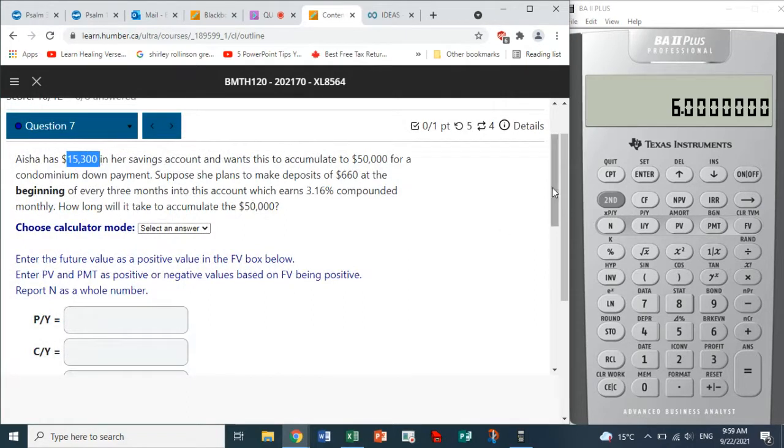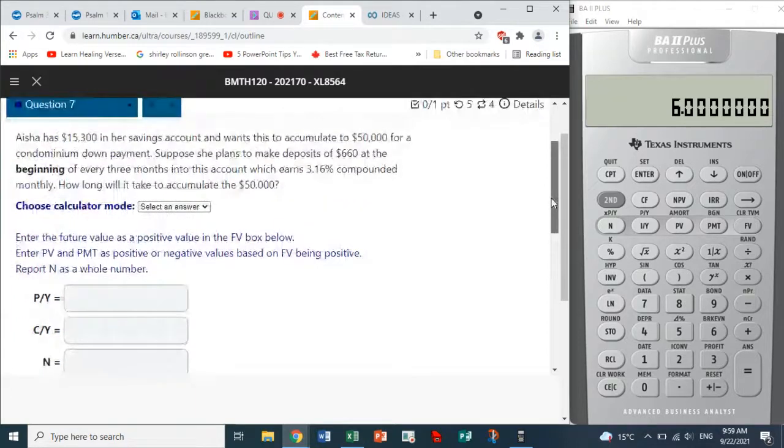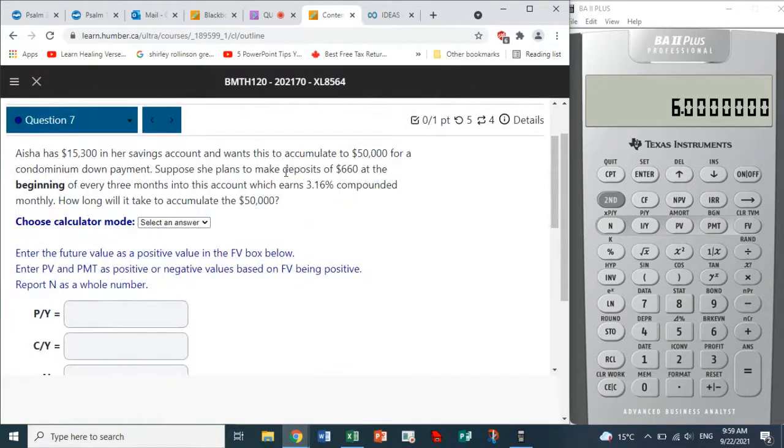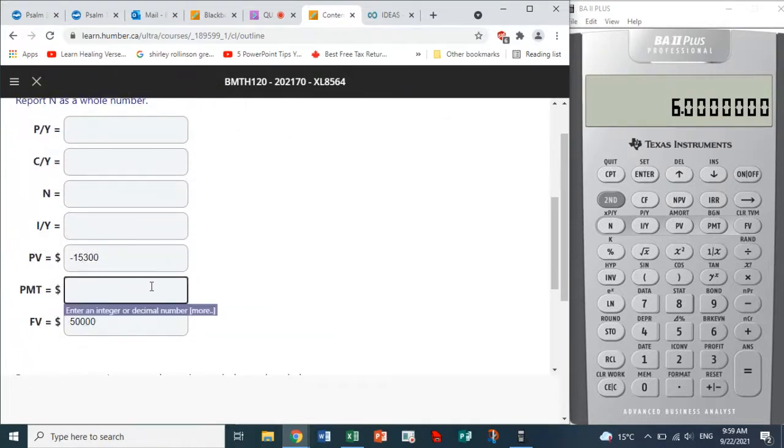All right, so she has $15,300 in her savings account. So that would be a present value. Okay, so we can put it in negative 15,300. All right, now she also plans to make deposits of $660 at the beginning of every 3 months. Okay, so let's put the 660 in first as a payment. So negative 660.